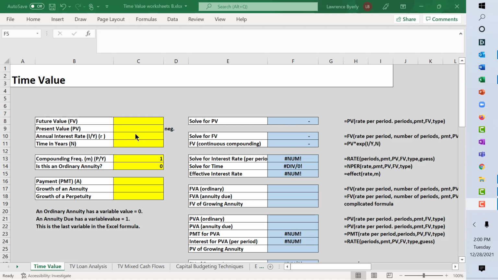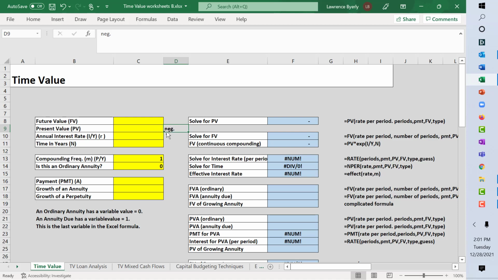So let's talk about the cells. Future value. This is what, in this worksheet, we're solving for. What is the future value? Present value is the amount that we invest. What you need to remember, though, is that the computer isn't smart enough to know whether you're talking about an investment or a withdrawal of cash.